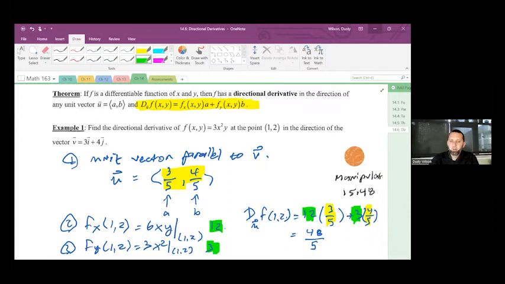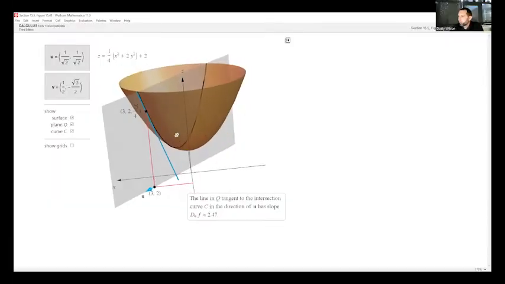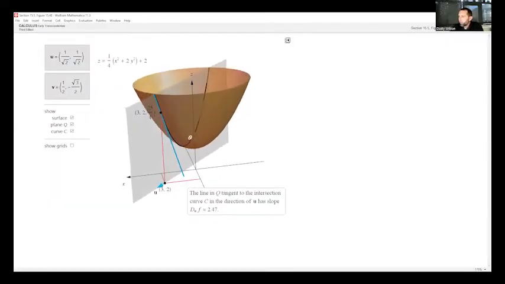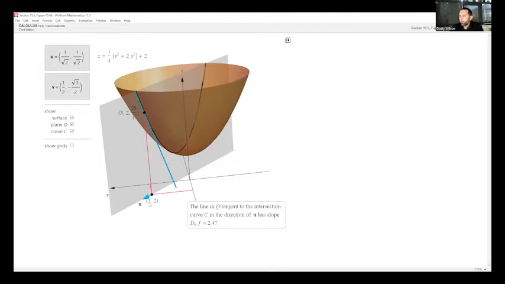Let's look at another manipulate to try to help ourselves, again, see the picture of what's going on. All right, so here's what I want you to see. In our example, we were at the point 1, 2; here we're at the point 3, 2. And at the point 3, 2, above that, you can see the surface.